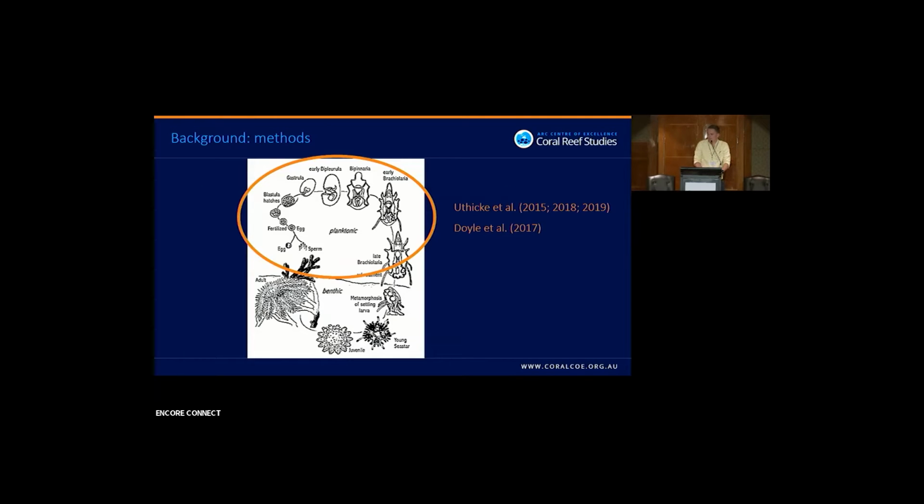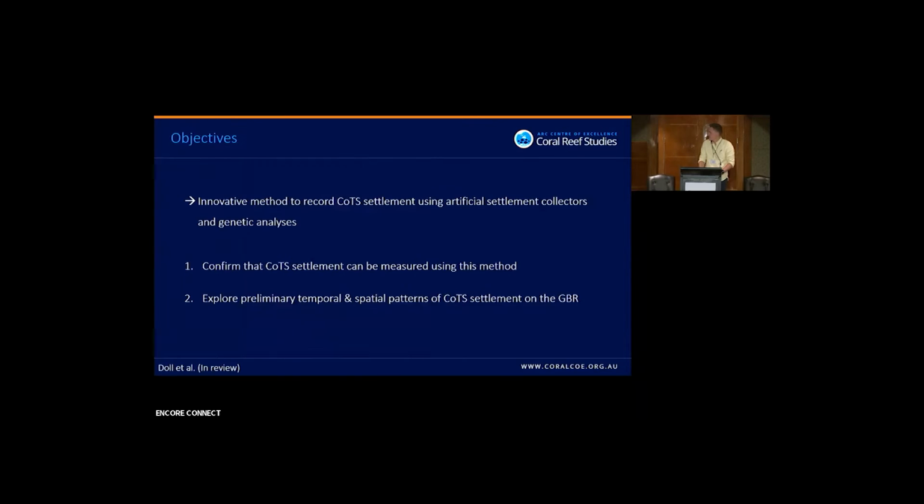More recently, however, important progress has been made, as already outlined by Sven, with COTS larvae being detected and quantified in plankton samples using molecular techniques, as well as others demonstrating that newly settled six-plus month-old juveniles we are actually able to effectively sample them in rubble habitats using fine-scale visual surveys. However, progress has really yet to be made in the field study of COTS settlement.